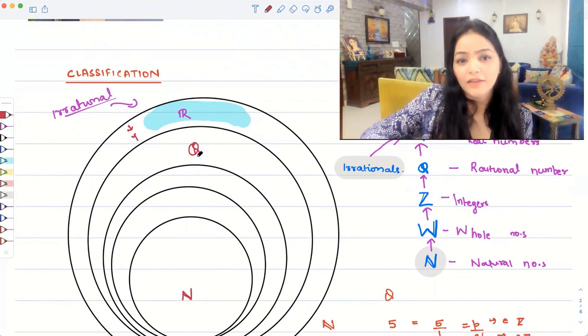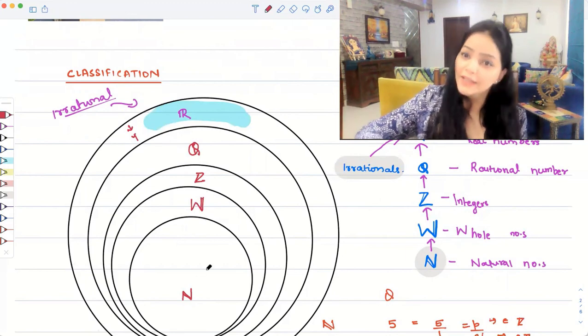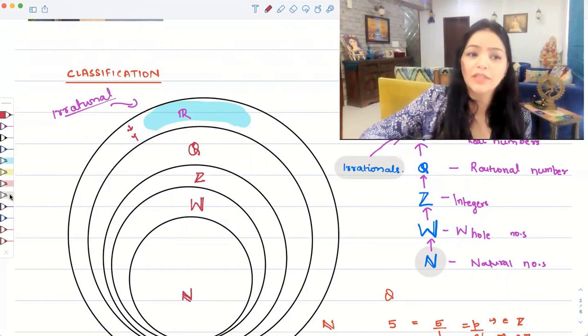Then inside the rational numbers, you have all the integers. And inside all the integers, you have all the whole numbers. And inside all the whole numbers, you have natural numbers. So that's how this relation would flow.